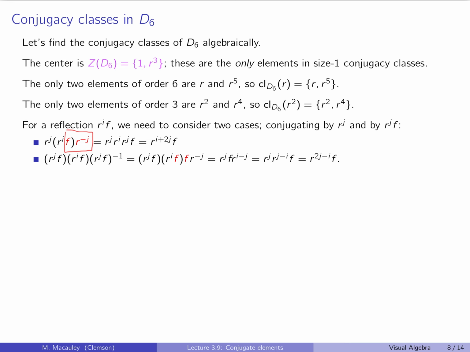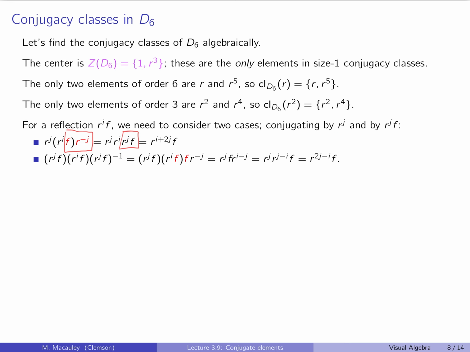So if we write R to the positive J times F, and now we can combine exponents and write this as R to the I plus 2J times F. And notice that I plus 2J has the same parity as I, because 2J is even. And if we're doing things mod 6, then it's still going to have the same parity, mod 6. So in other words, we don't change the parity of the exponent by conjugating by a rotation.